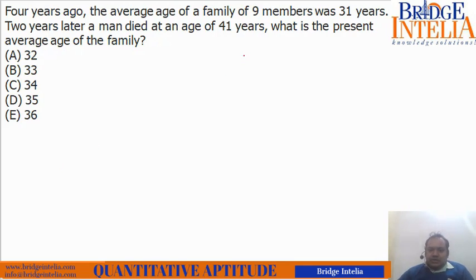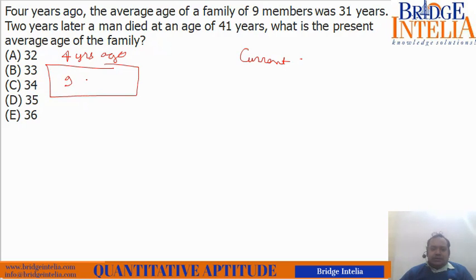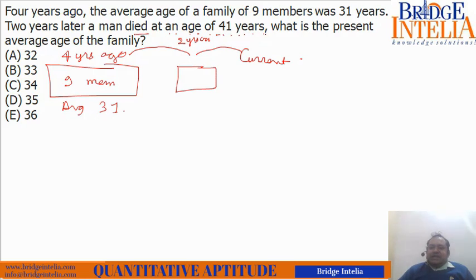So this happened 4 years ago: there was a group of 9 members, and their average was 31. 2 years later, that means 2 years after that, if you look from the current perspective, that means 2 years ago, a man died at an age of 41 years.